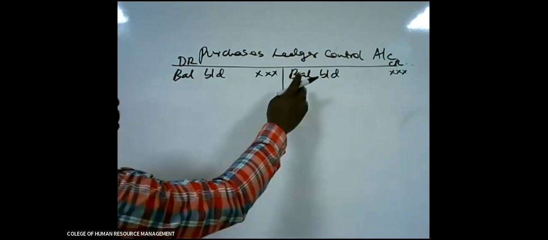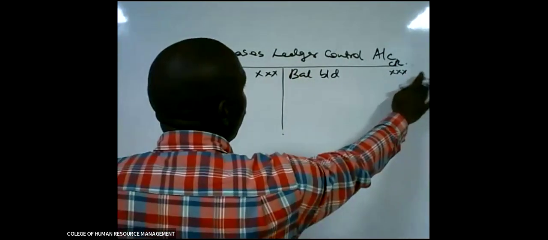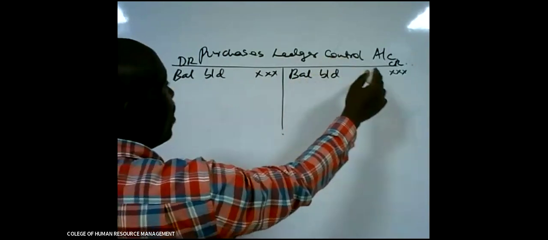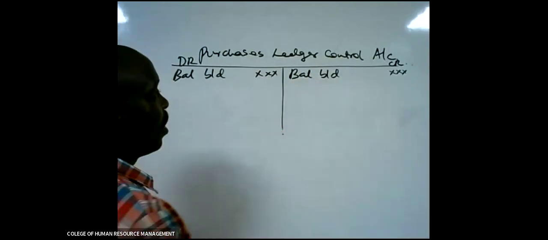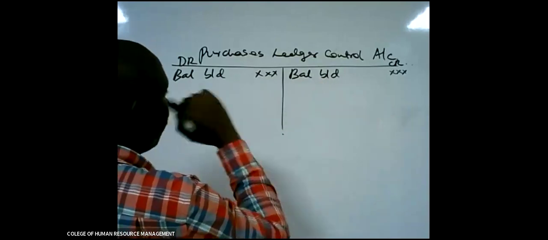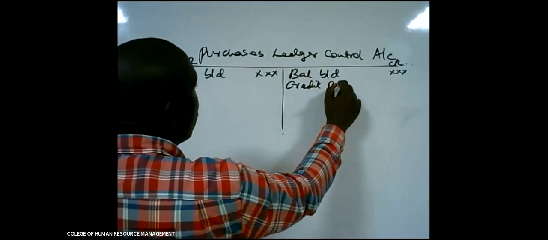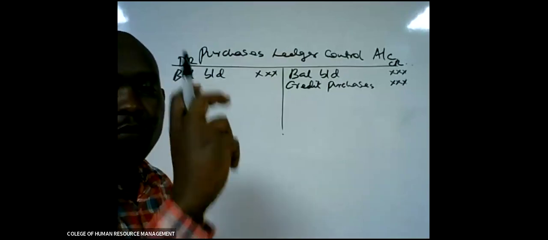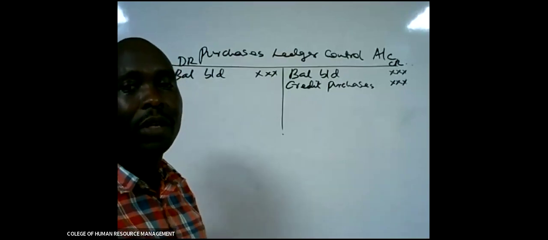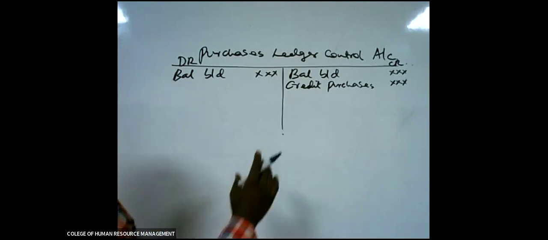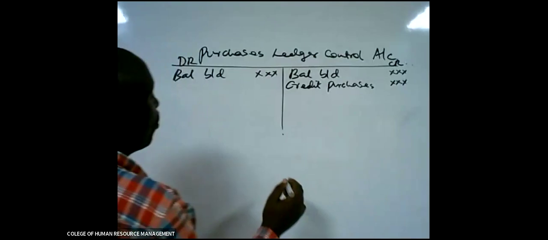Then here, you are going to credit with what increases the liability. Increase in liability we normally credit. So what will increase the liability? Credit purchases. At the start of the year, the balances are brought down. So we have here credit purchases.